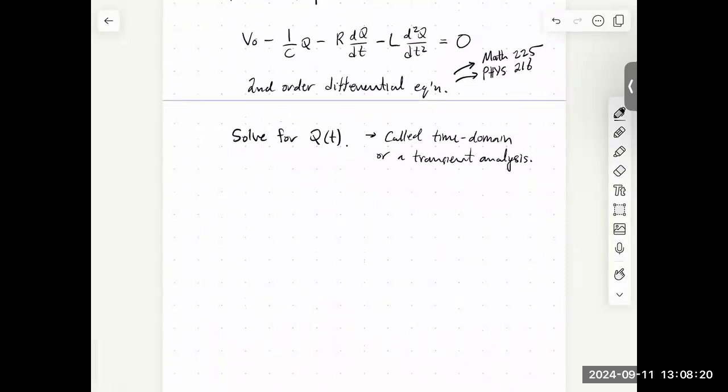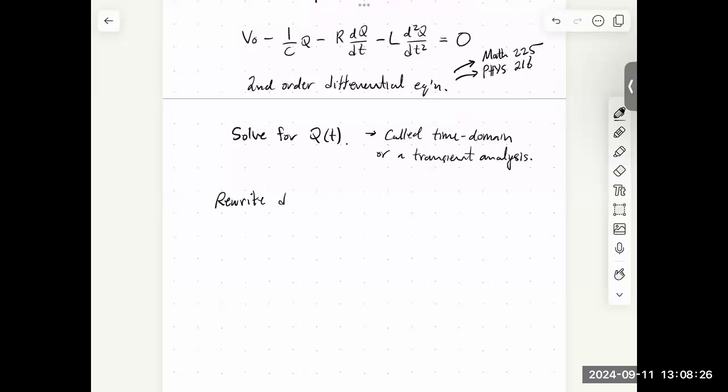And so if we do that, we can rewrite this differential equation as, okay, let's see. We're going to divide by L and move all the negative stuff over.